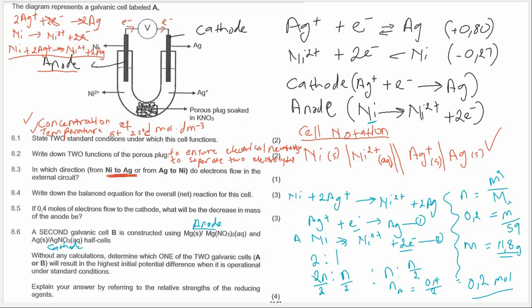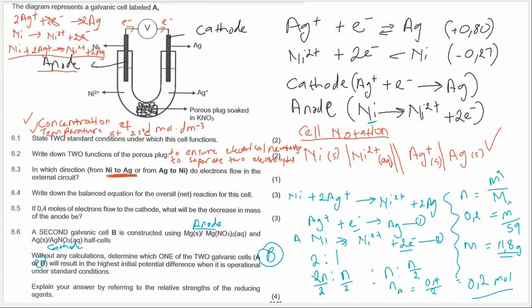So to answer this question, like I said, you're just going to choose. B will have the highest standard initial potential difference, and that is your first answer, B. You get a mark to state that.